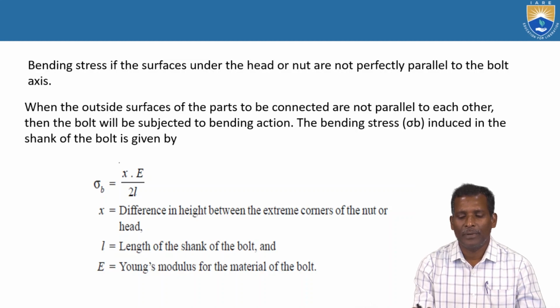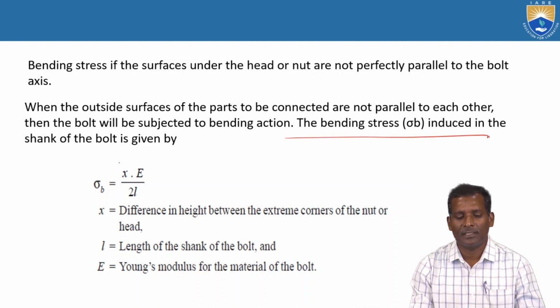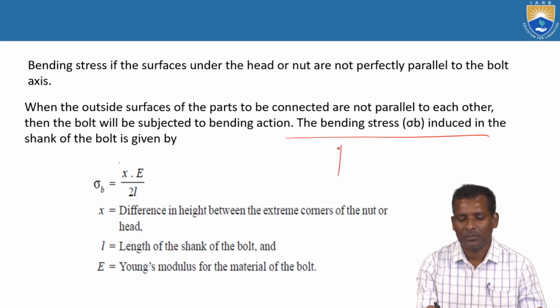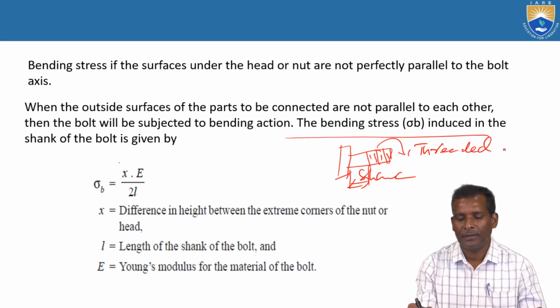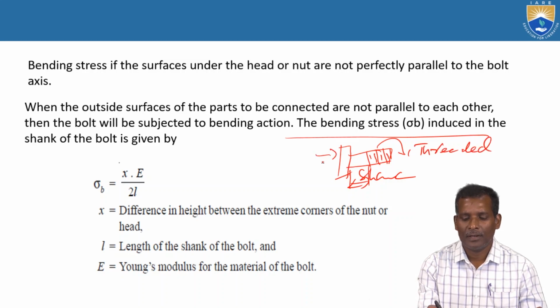So how do you calculate the bending stress? The bending stress is induced in the shank of the bolt. Already you know the shank portion. This is the threaded portion, this one is the shank, and this is the head.